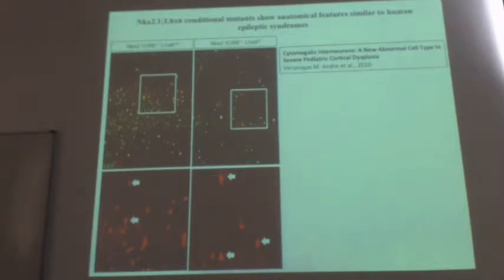And finally, another aim that we have is to rescue the phenotype of these mice by performing interneuronal grafts. The way that we are doing this experiment is that we isolate interneuronal precursors from embryonic stages. We mark them by different methods, we dissociate them, and we directly inject them in the postnatal brain of mice.